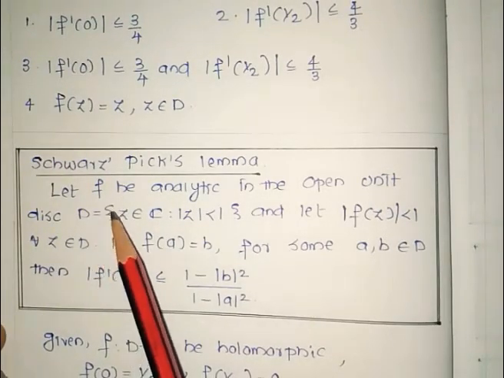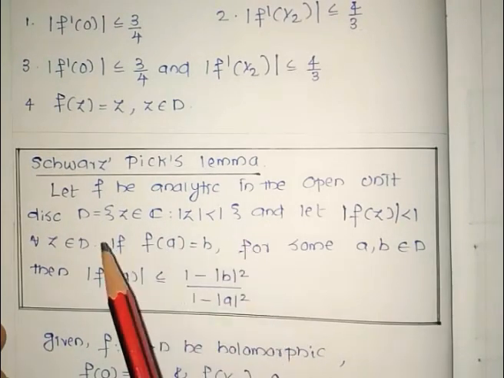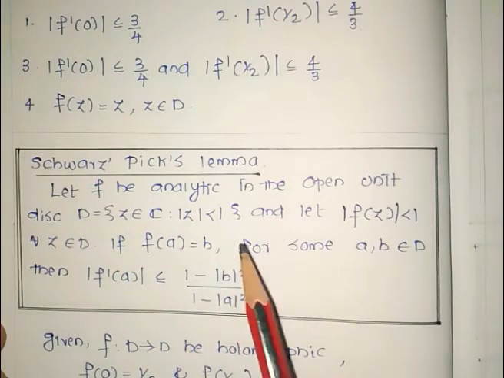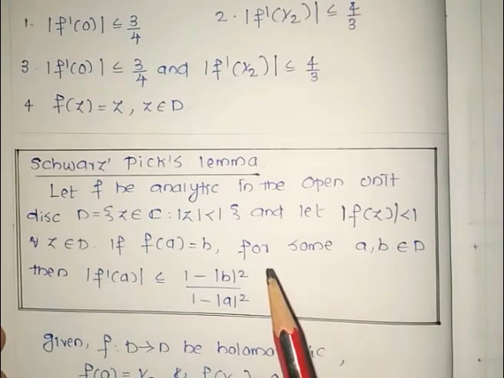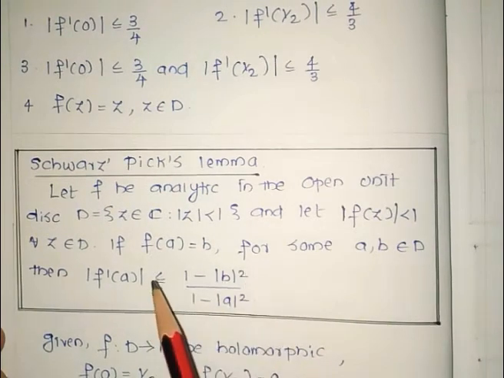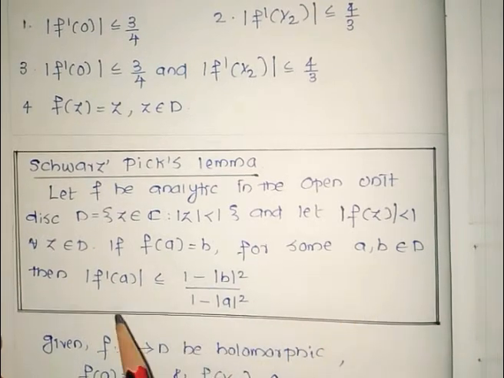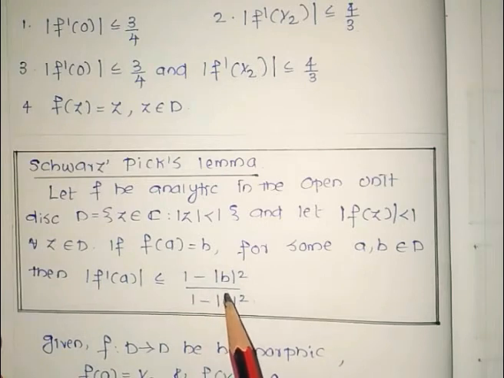Statement: Let f be analytic in the open disk D, the set of all z belongs to C such that |z| < 1, and let |f(z)| < 1 for all z belongs to D. If f(a) = b for some a, b belongs to D, then |f'(a)| ≤ (1 − |b|²)/(1 − |a|²).